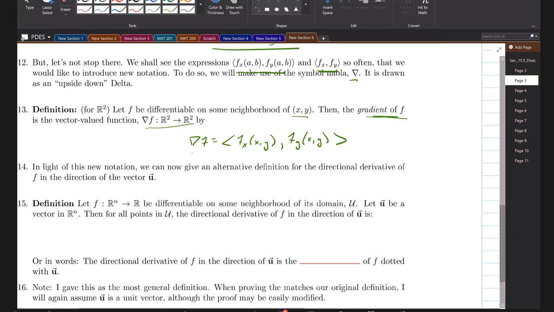So this is a brand new symbol here, folks, the gradient symbol. One thing that I think is absolutely critical you realize is that whenever you see this, it's kind of hard to see it. This is a what, folks? What type of object is this? A vector? It's a vector, and actually it's a vector valued function.